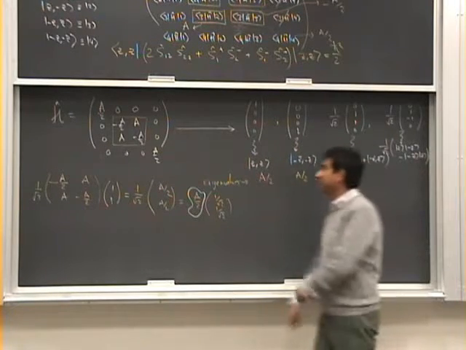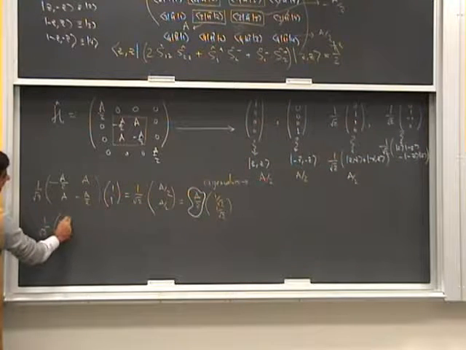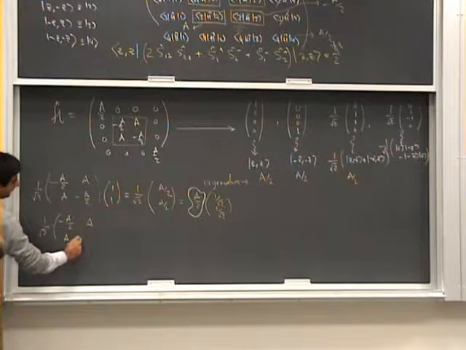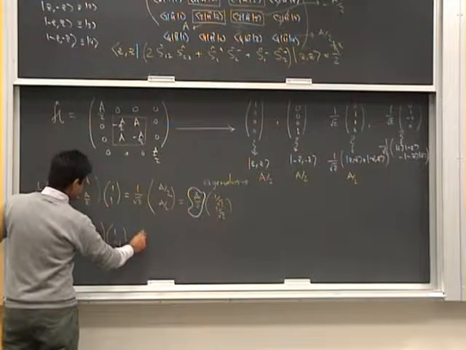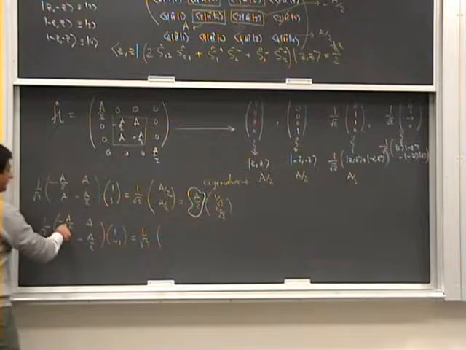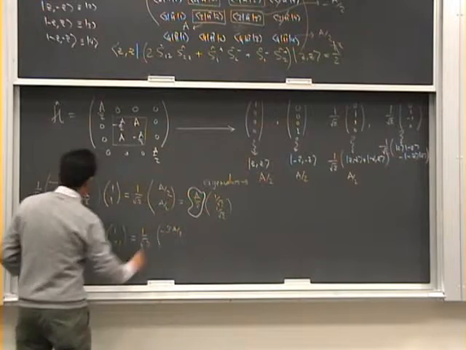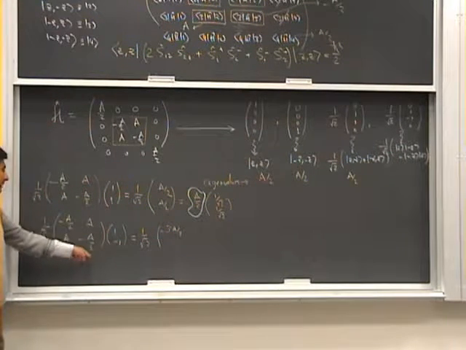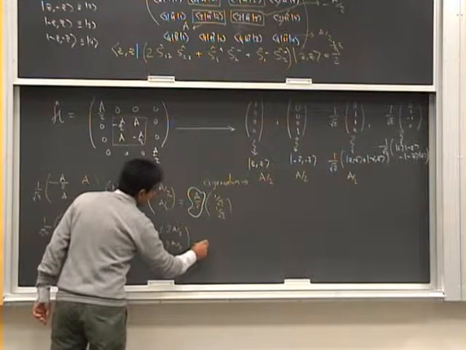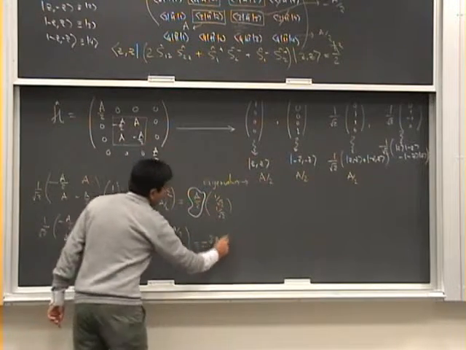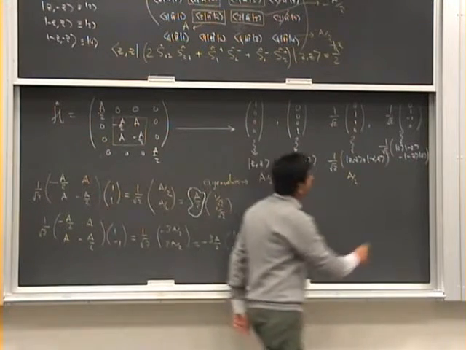So simply I can take 1 over root 2, minus A by 2, A, minus A by 2, with 1, minus 1, and we get 1 over root 2: minus A by 2 minus A is minus 3A by 2, and A plus A by 2 is plus 3A by 2. So I get minus 3A by 2 times 1 over root 2, minus 1 over root 2. So this eigenvalue is minus 3A by 2.